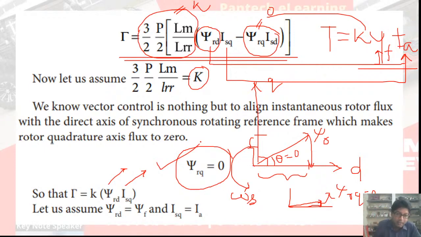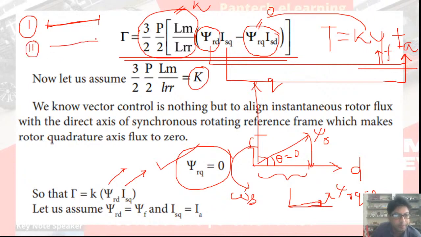So now if I tell technically, what do you mean by field oriented control or vector control? The first thing is, I have to make the separately excited DC machine analogy applicable to the induction machine.